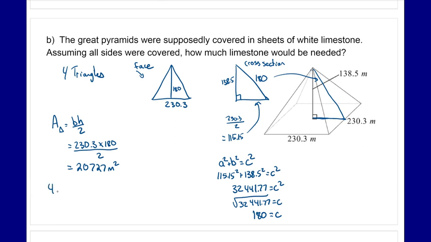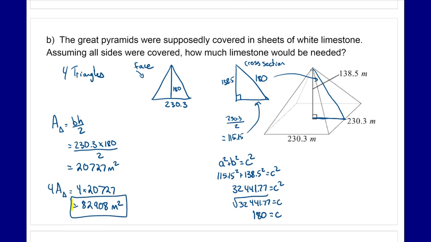So 4 times 20,727, I get 82,908 meters squared.